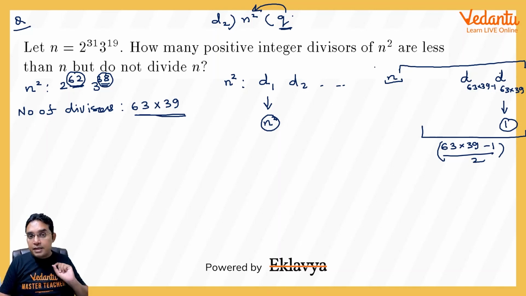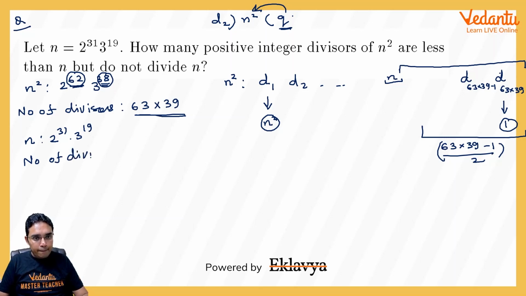But they are asking for those divisors which do not divide n either. Now there can be some divisors, like 1, which will be dividing n. So how to find which divisors will not divide n? To do this, I will take the divisors of n. So this n is 2 power 31 into 3 power 19, and for this the number of divisors would be 31 plus 1, that is 32, and 19 plus 1, that is 20.